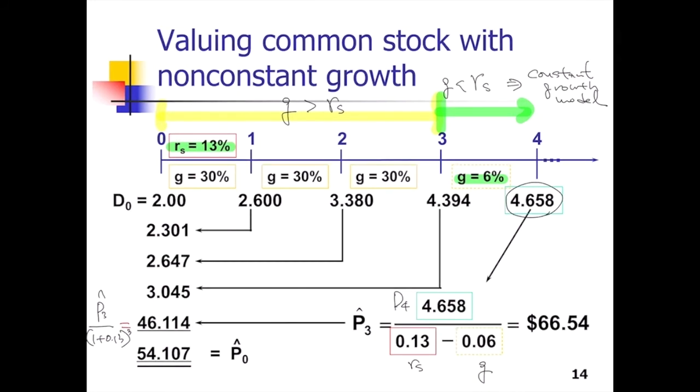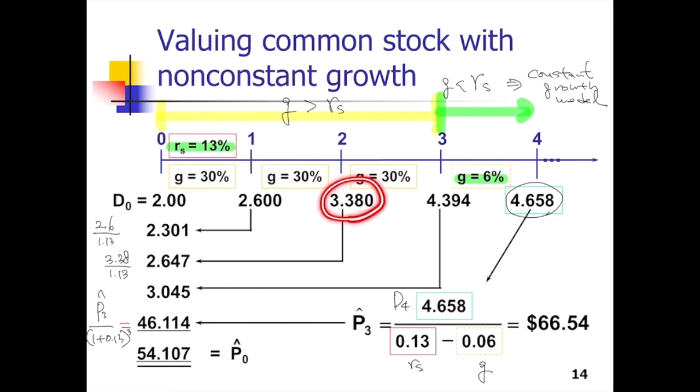Let's calculate together. The first dividend at T1, we can calculate as 2.6 divided by 1.13, and the second one is 3.38 divided by 1.13. How many times?